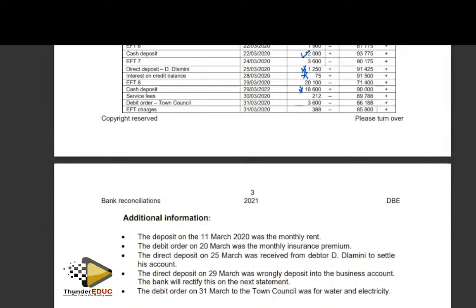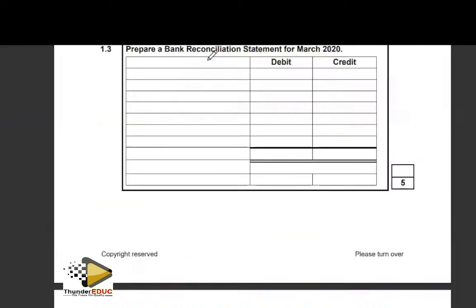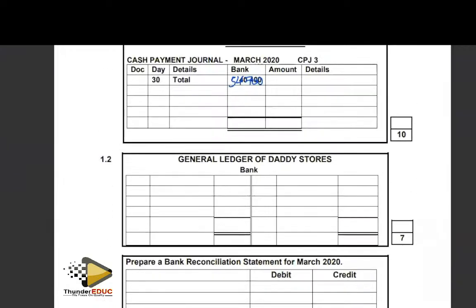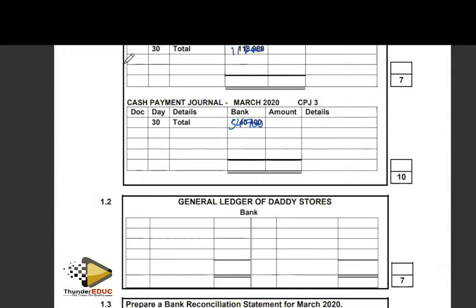M. Ishac, and it was for rent, okay? 7,500. So I'm going to come here in my cash receipts journal. Now I'm recording what I never recorded, okay? So this is who? Mr. Mashane.